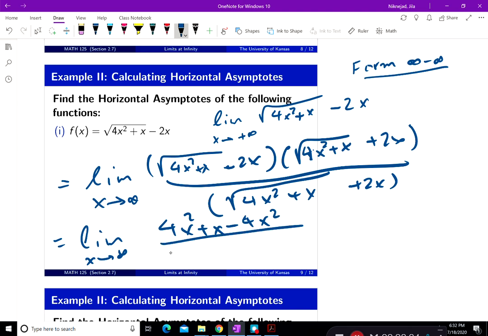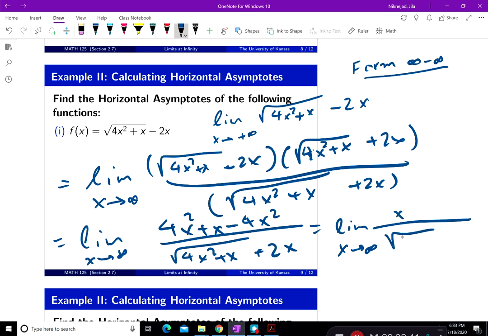And the denominator stays the same. So now you clean it up and we end up with x over square root of 4x squared plus x plus 2x.